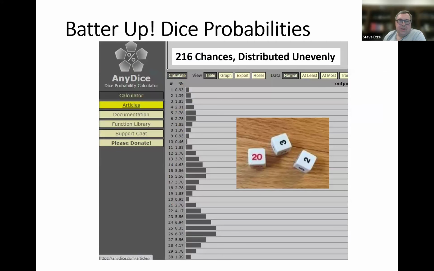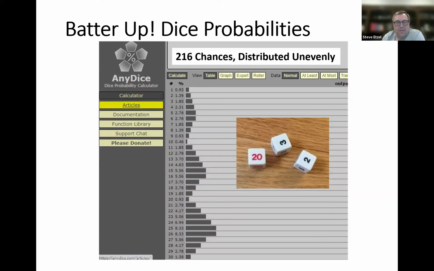So Sports Illustrated and Batter Up use kind of three 6-sided dice, but labeled uniquely. And so when you have 3 6-sided dice, there's 216 chances. But the way these dice are configured, the results, which can add up to 1 to 30, there's 30 different results, if you will, occur unevenly.